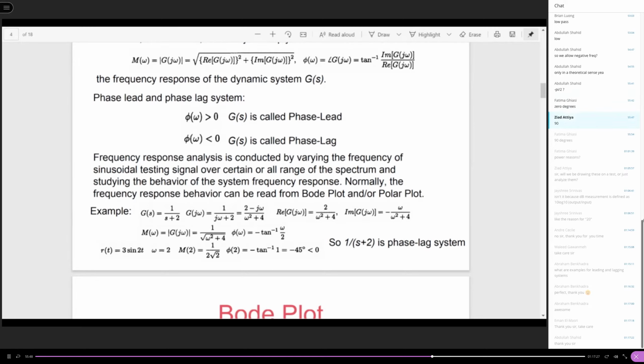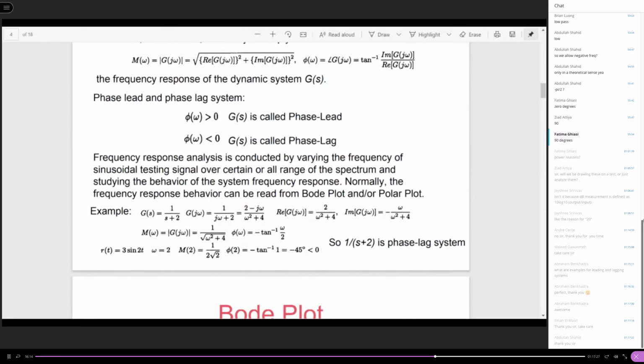Negative. Ziad, be careful. Not 90 degrees, minus 90 degrees, okay? That's very important, Ziad. Positive 90 degrees and negative 90 degrees are totally different. One is a phase lead, the other is a phase lag.